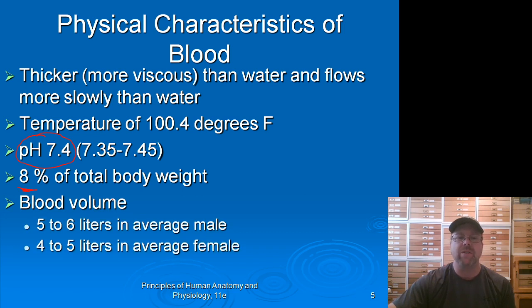This is what's interesting: our blood volume. Men tend to be a little bit larger than women, so we have a little bit more blood than you ladies. But if we average this out, the average person is going to have about 5 liters of blood. That's 5 Nalgene bottles full of blood.